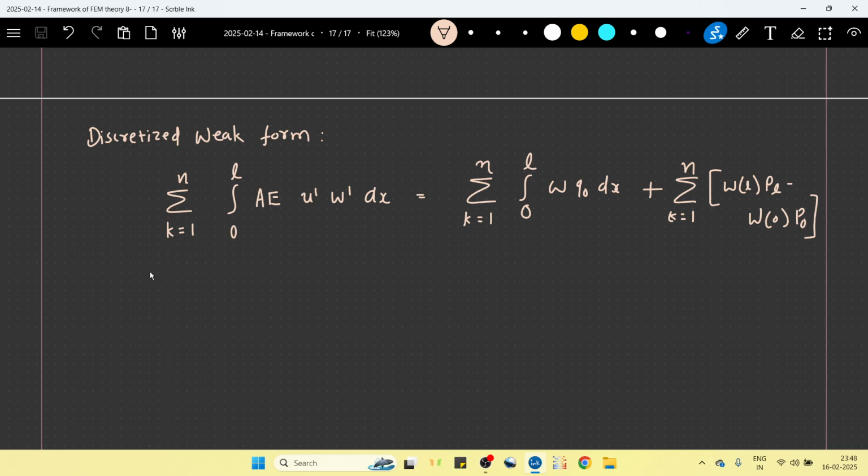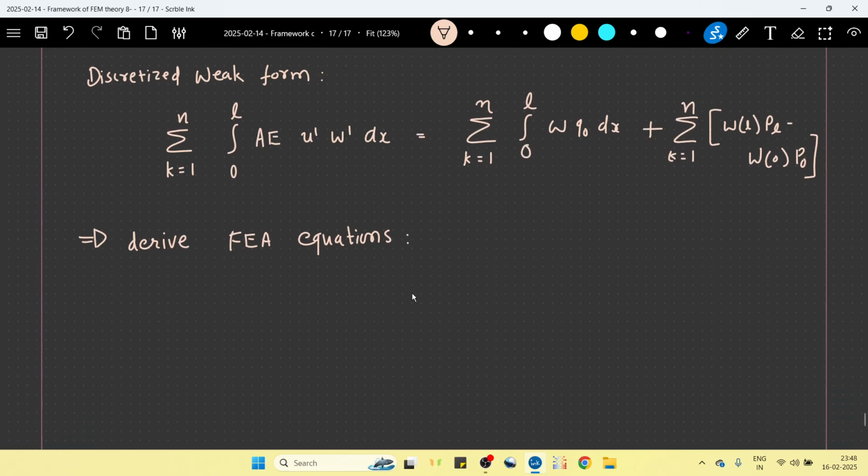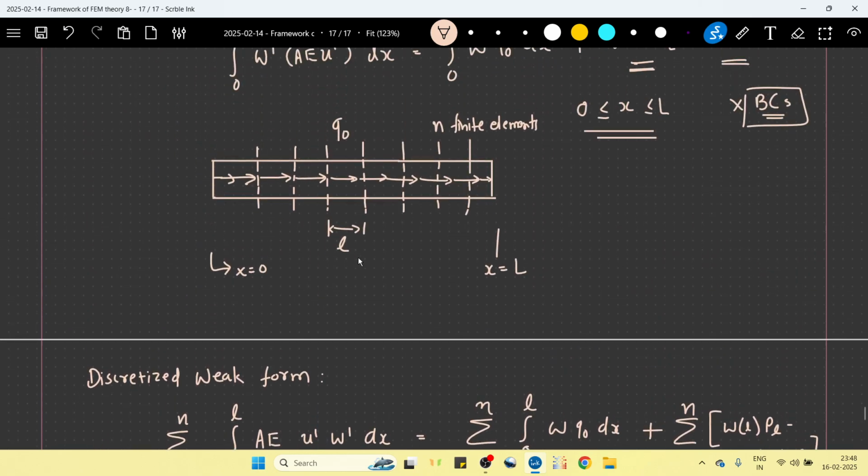Now we want to find the FEA approximation. We want to derive the FEA equations, or the general FEA structure. So what we'll do is take a particular element.